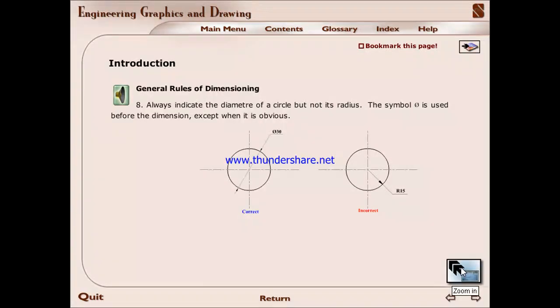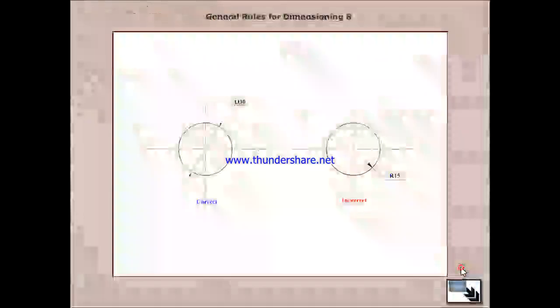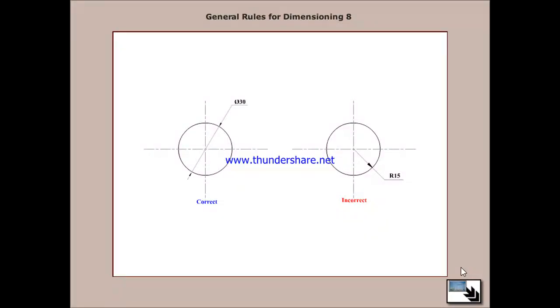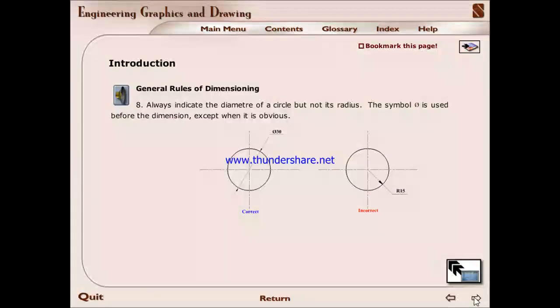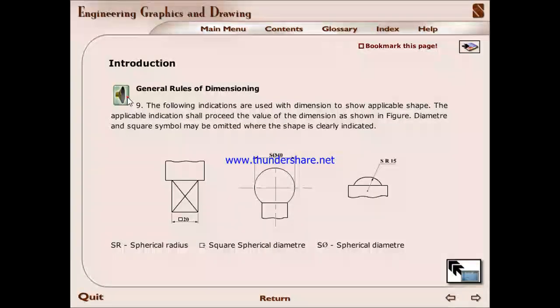The symbol phi is used before the dimension, except when it is obvious. The following indications are used with dimensions to show the applicable shape. The applicable indication shall precede the value of the dimension as shown in the figure. Diameter and square symbols may be omitted where the shape is clearly indicated.